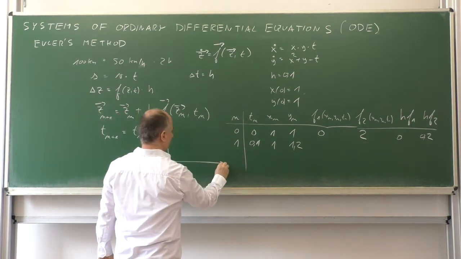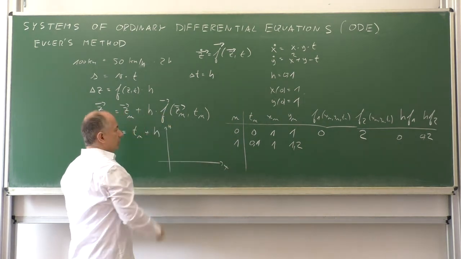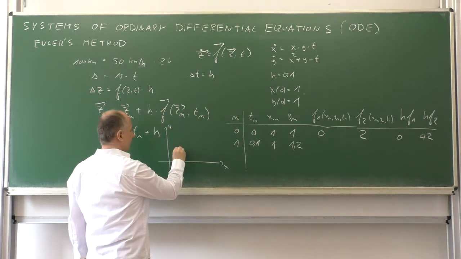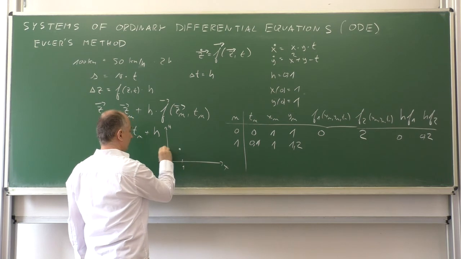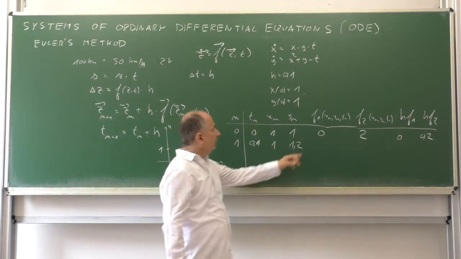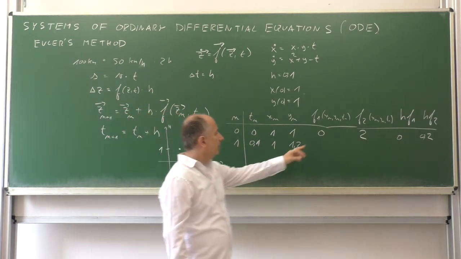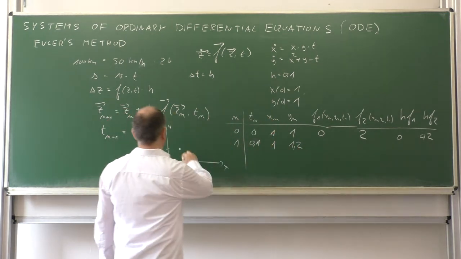This can be visualized by the following graph. (x_n, y_n) is a point in this plane. We evaluate the vector f, which is in this case (0, 2).